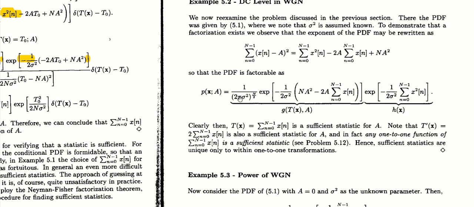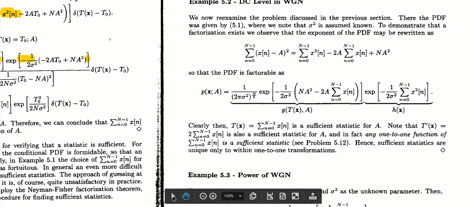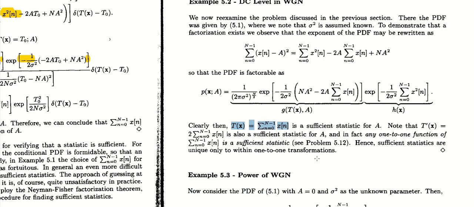We see that this is just a constant. It doesn't matter. This is T of x, where T of x is defined this way. So do you see T of x in G?